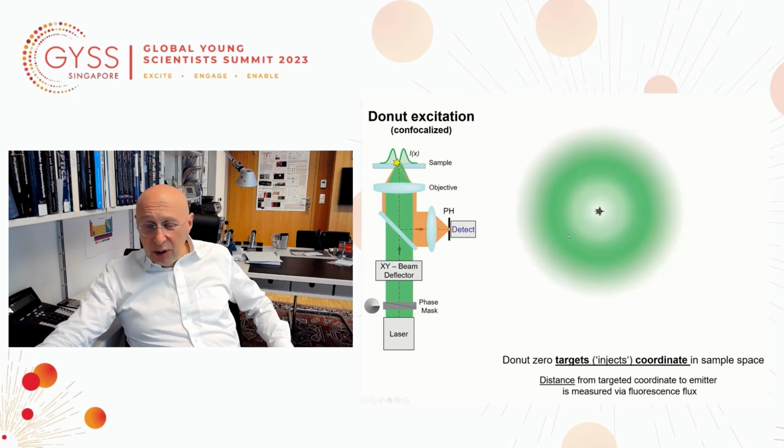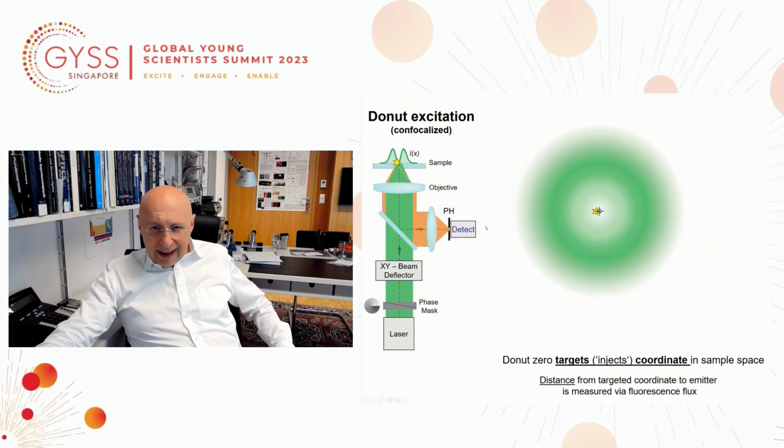But if the two coincide in space, then the zero of the donut coincides with the molecule, and then there is no excitation, because here the intensity of the donut is zero, and there will be no detected light, because the molecule will not emit. So, in other words, the brightness will indicate how far the molecule is away from the zero.